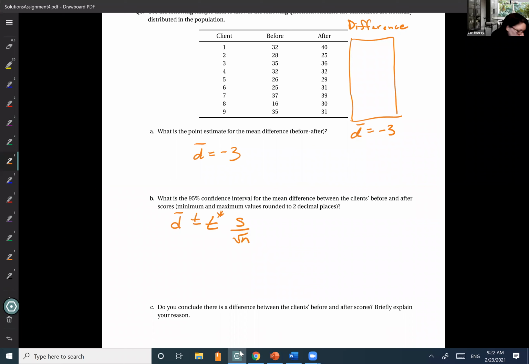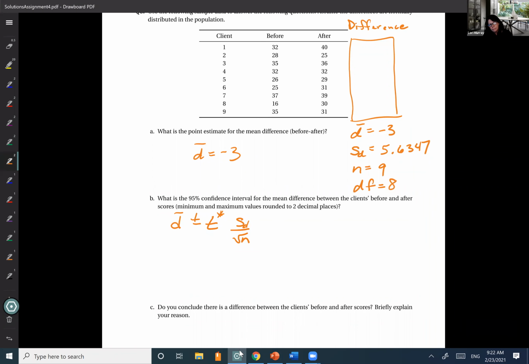So s would be little s_d there. You can do a little subscript to denote that it's coming from the difference. I calculated this to be 5.6347, and my n is equal to 9, which means my degrees of freedom is equal to 8.